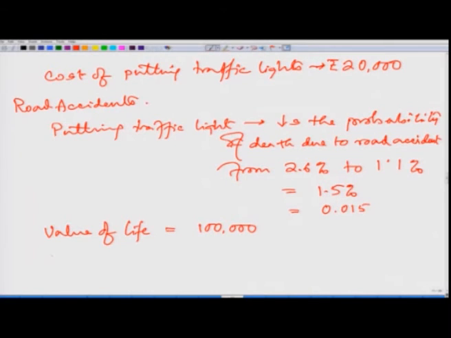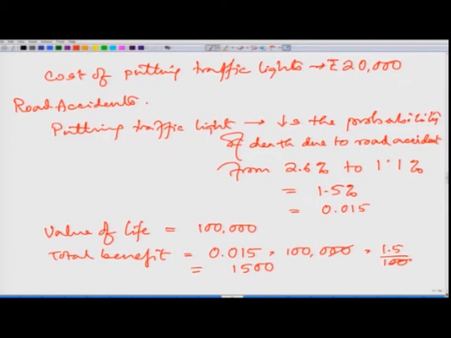Now, what I will do, I will estimate the total benefit of putting a traffic light. It is 0.015, that is 1.5% is the probability, multiplied by 100,000 rupees. This is nothing but 1,500 rupees, because 1.5 by 100, into 100,000, gives 1,500 rupees.